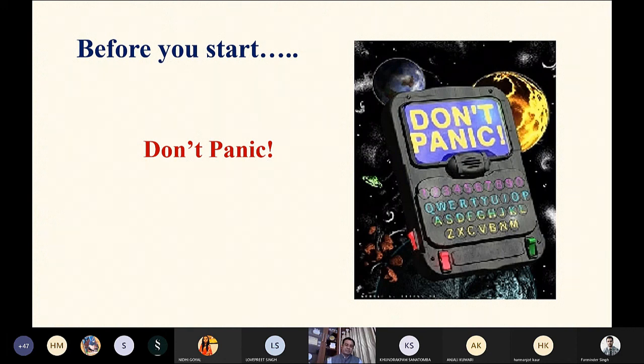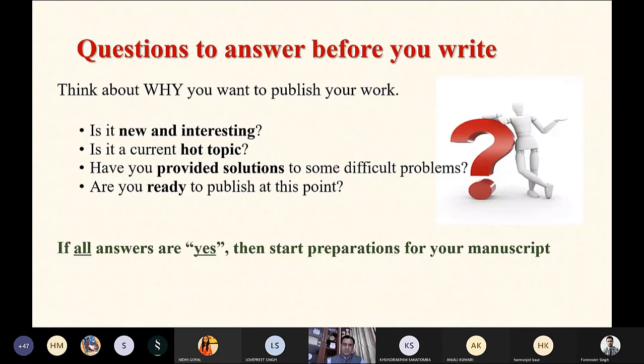But I would suggest we should not panic, and we have to remain calm. We have to keep patience. We have to work hard if we want to get our paper published in a quality research journal.